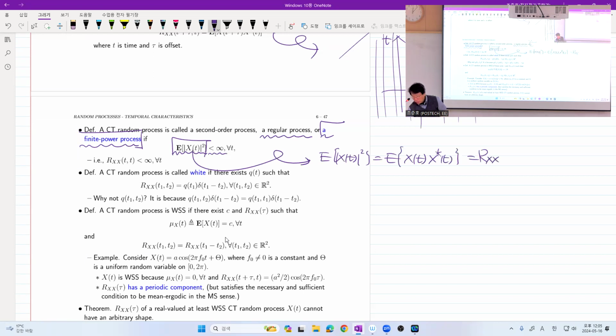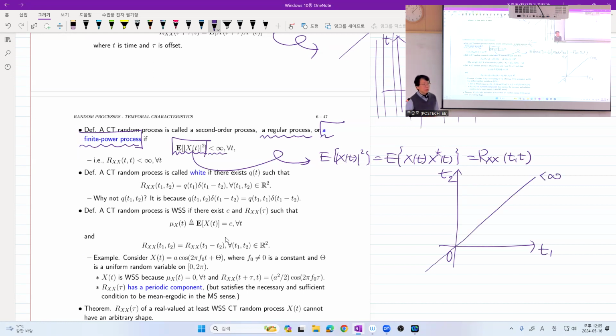This is simply the autocorrelation evaluated at the same time instant, t. Got it? So along the line that intersects the origin, what happens?